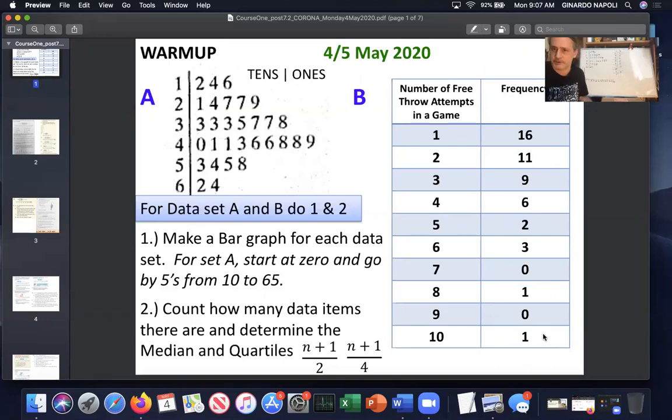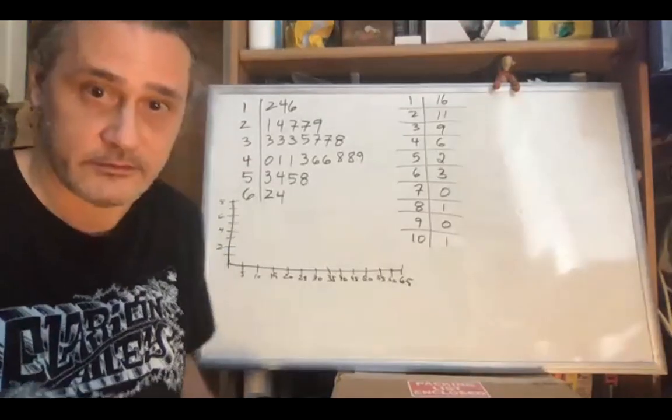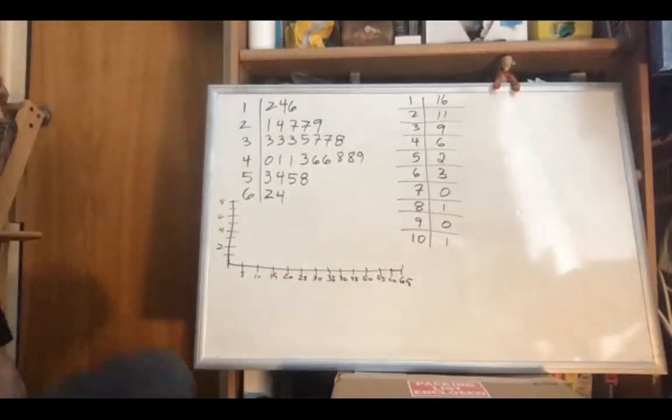So if you crash the boards, players tend to foul you, so you get 2 free throws. Okay. All right. Now I went ahead and put these 2 on the board. So we're going to make our bar graphs, and then we're going to do the quartiles and medians. All right. So let me stop this share, and you can see what we have here.